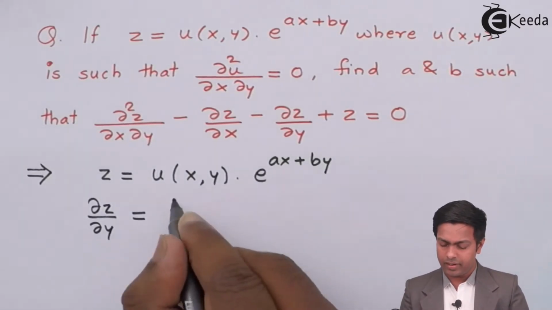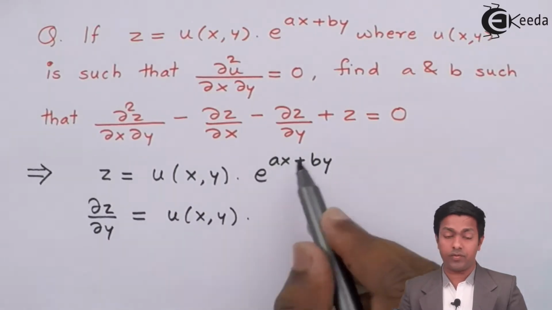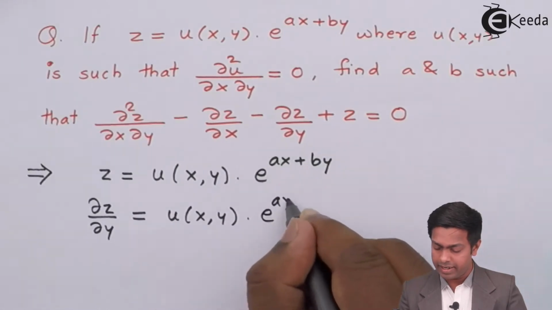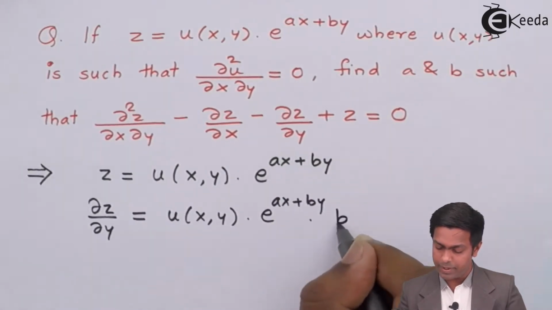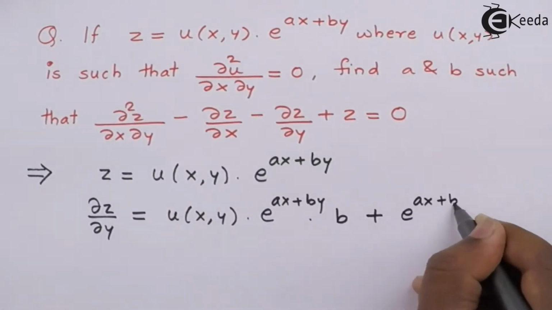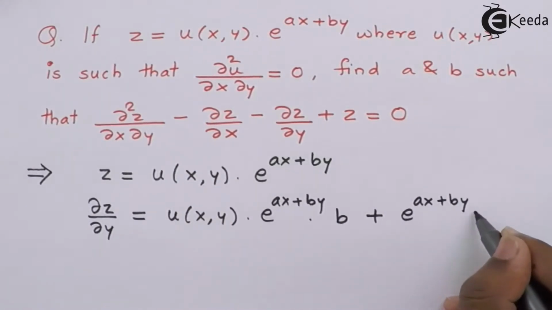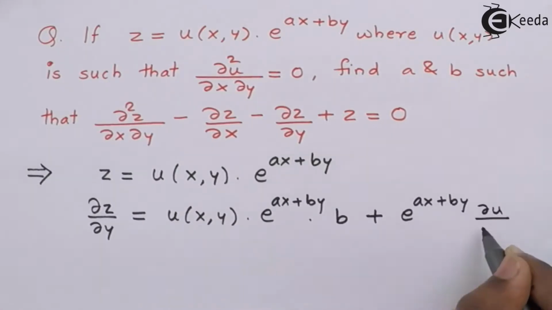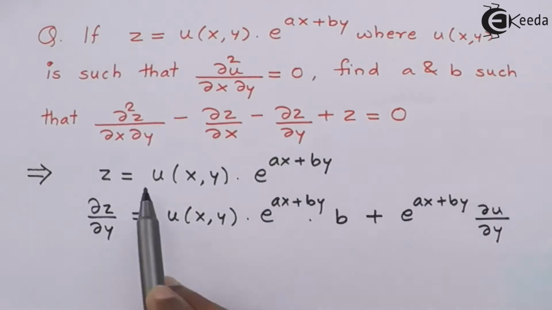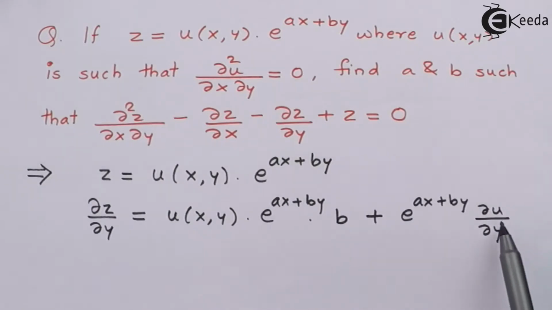According to it, it will be u of x comma y as it is, then the derivative of this part is e to the power ax plus by into b, plus e to the power ax plus by as it is, and the derivative of u is u dash, or I would say del u by del y. Here, since the function u is not defined, we will keep this as it is. So del u by del y as it is.